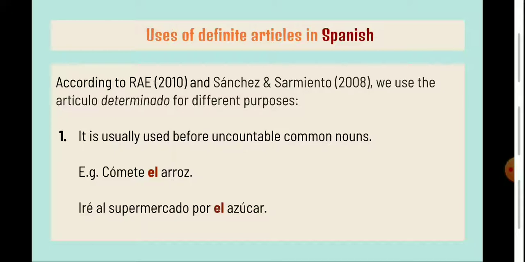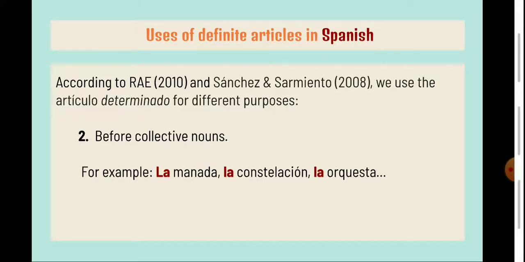Iré al supermercado por el azúcar. El azúcar is an uncountable common noun. We also use definite articles before collective nouns, such as la manada, la constelación, la orquesta.